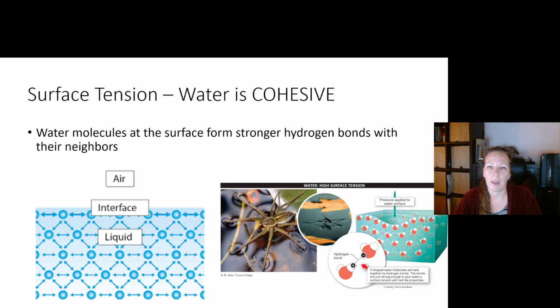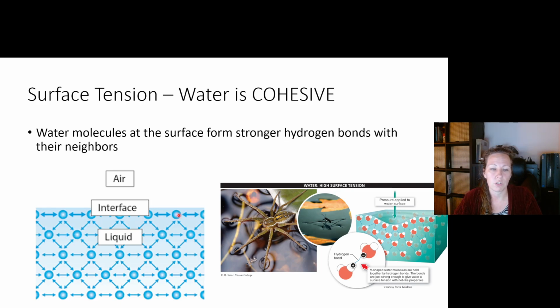And what happens here is that the water molecules at the surface, at the water-air interface here, will form hydrogen bonds with their neighbors. Okay, just like water molecules that are deeper within the liquid. But because they are exposed to air on one side, they'll have fewer neighboring partners to bond with.